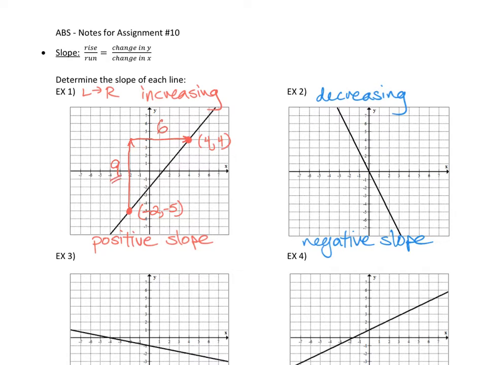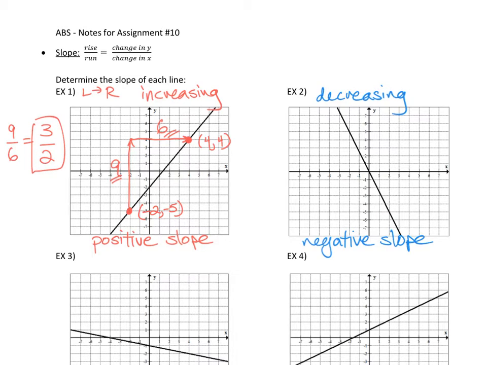We have a run of 6. So the slope I'm going to put off to the left here would be 9/6. Oh, but we're not done. We have to make sure that the fraction, if the slope is a fraction, that it is in lowest terms. So this would be 3 over 2.